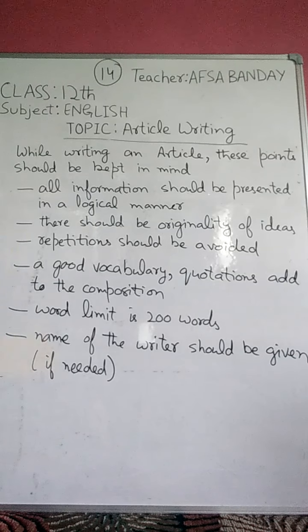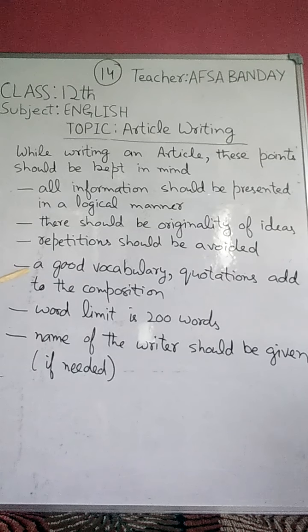That means you should be creative in your ideas and you should not try to copy others. Repetition should be avoided. That means the same words and the same phrases used again and again should be avoided. Instead, you should use different phrases and different words to present your ideas.